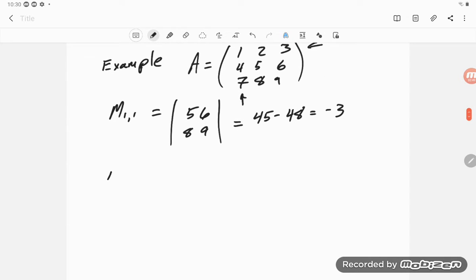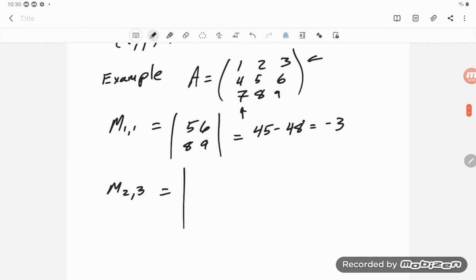Similarly, I could talk about M23. That's the determinant of, I don't want row 2 and I don't want column 3, so that leaves me with 1, 2, 7, 8. And so that is 8 minus 14, which is negative 6.